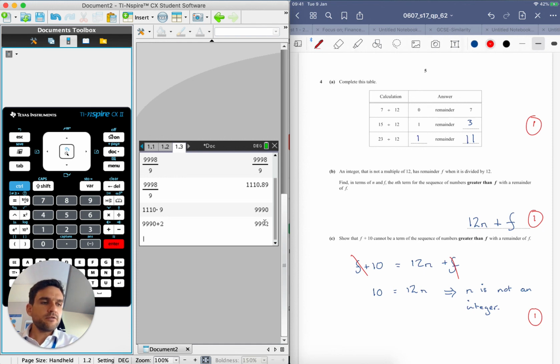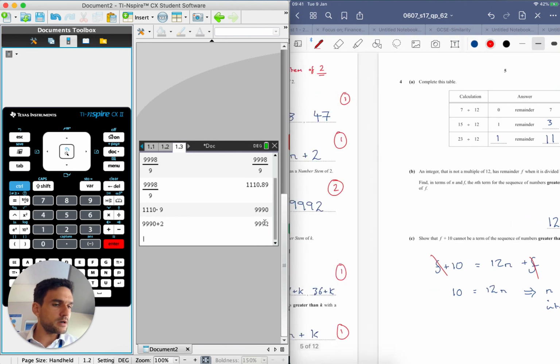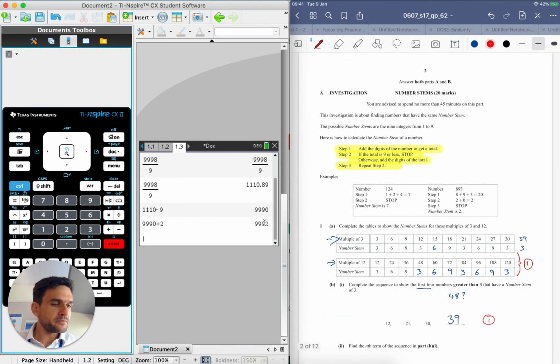Now, the only final thing to mention is that if you added up all the marks that I've assigned here, it would come to 19, and the total is actually 20. In these questions, there's also opportunities to get communication marks. That is basically ensuring that you're writing down your workings.